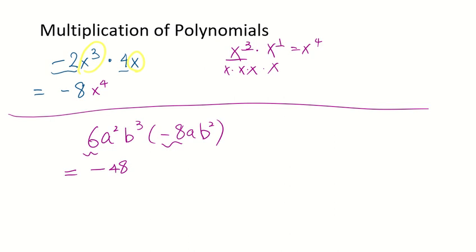So a squared times a, that's a cubed. So second, a cubed. The last variable here, we have b to the 3rd times b squared, and that will give you b to the 5th. And that's the answer.